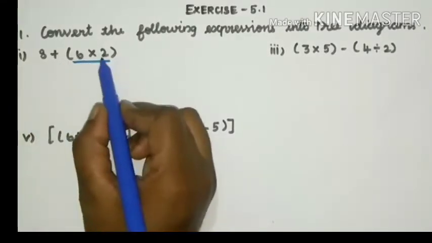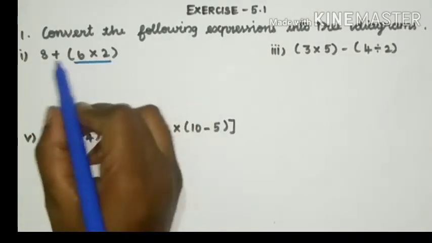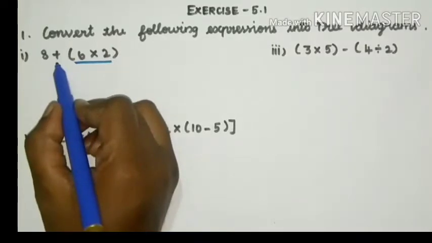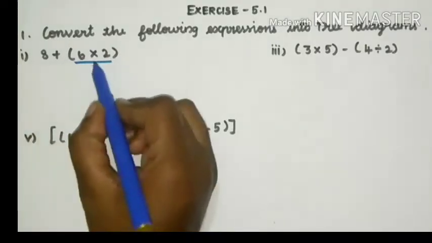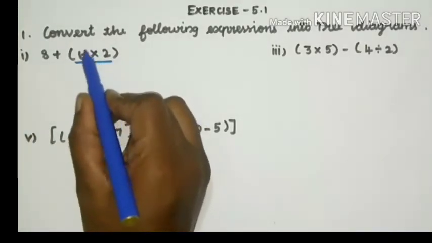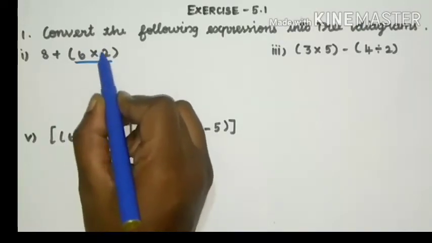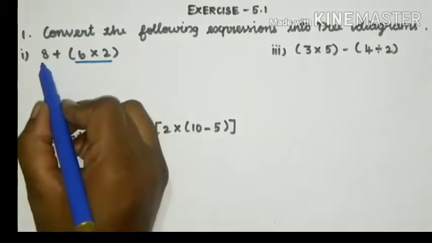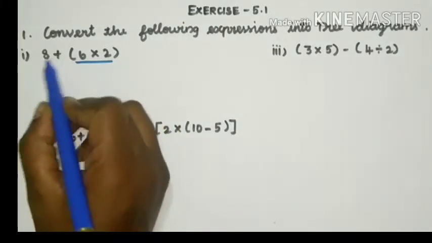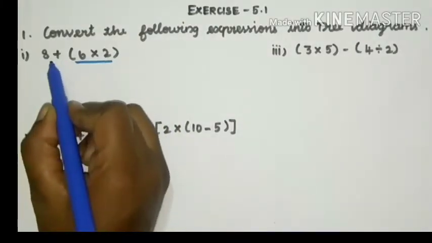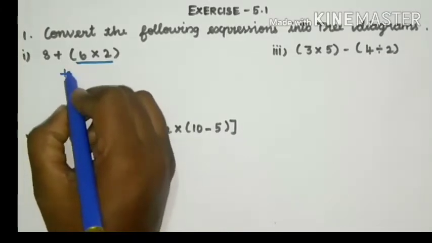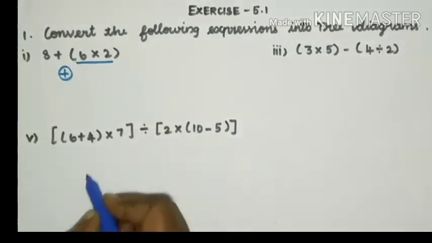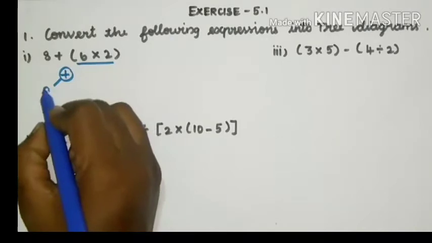These two terms are connected with the operation addition. No need to see the operation multiplication because 6 into 2 is one term and 8 is another term. First you have to write the addition symbol, then 8.